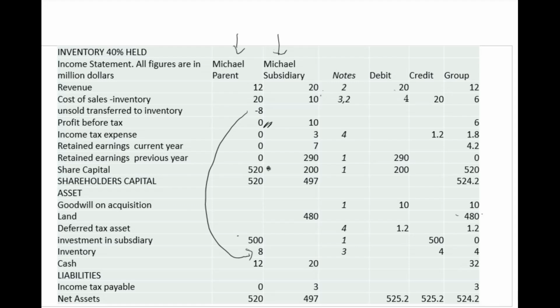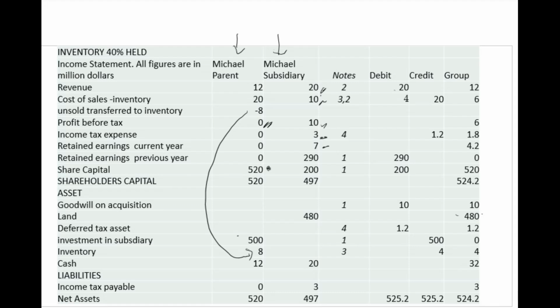For Michael's subsidiary, it's sold inventory 20 million at a cost of sales of 10 million, and profit before tax is 10 million, and the income tax expense is 3 million, and the retained earnings for the year is 7 million.